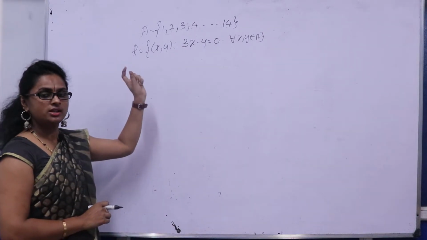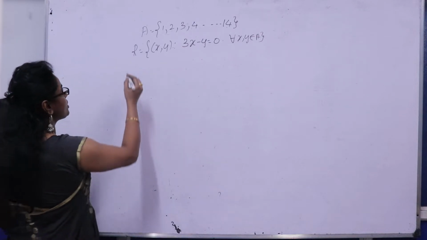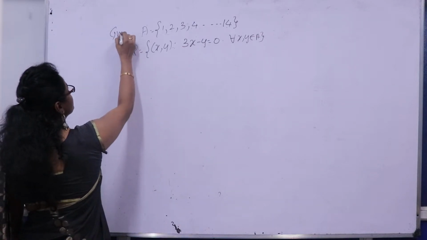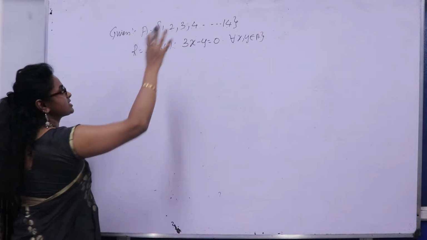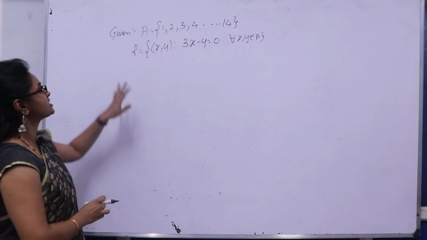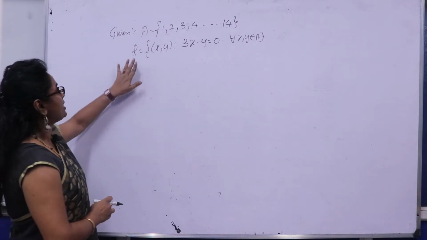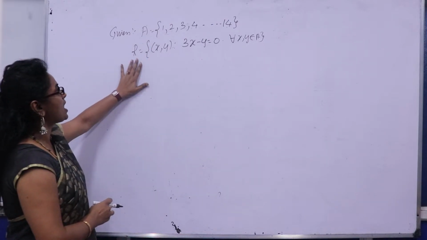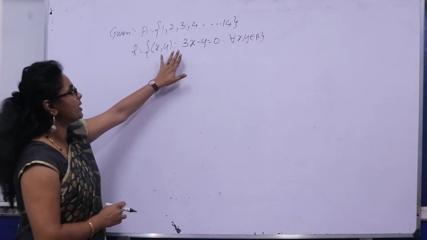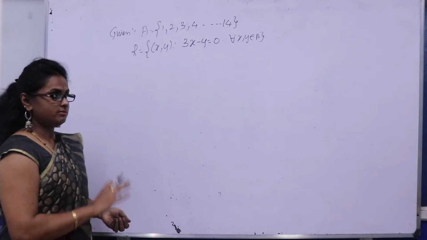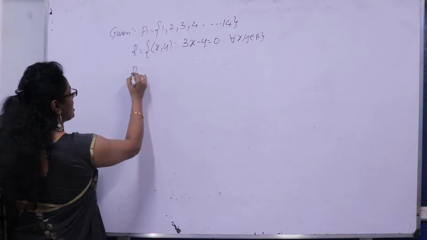First, you are supposed to write the given statement. What is the given statement? They have given you a set A and the relation R = {(x, y): 3x - y = 0}. I have to write R here.